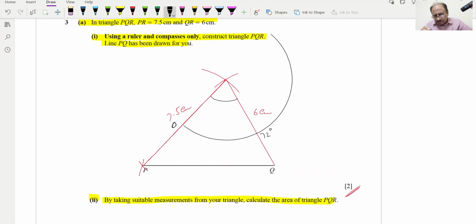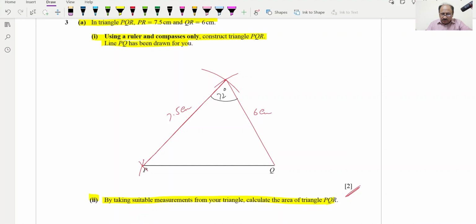Red line is 72 degrees. So this angle will be 72 degrees. So I'm erasing this extra 0 line and protractor location, and this 72 also I'm erasing. So this angle is 72.